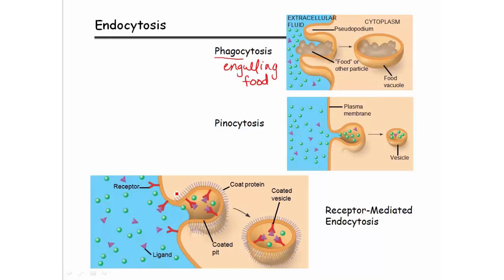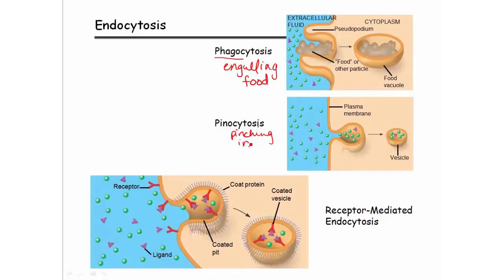If we have pinocytosis, we have a pinching in. Notice that there is an enfolding of the membrane. Any molecule that happens to flow into that folded-in area is going to end up inside the cell. Notice there's not a lot of selection there. Whatever happens to flow in, we're going to get inside the cell, good or bad.